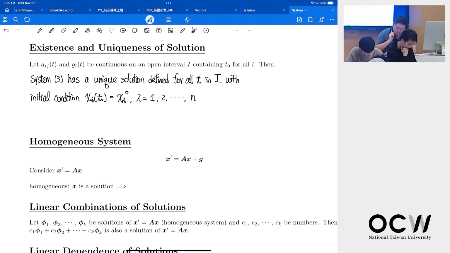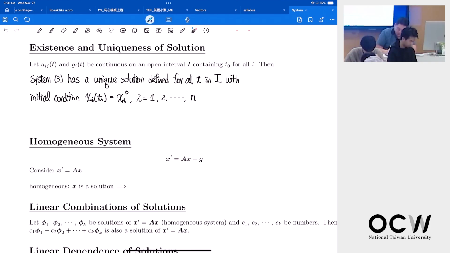Now for system 3, we try to find a solution. First, we will consider it without the forcing function g, which will be a homogeneous system. Remember that in topic 1 and in the beginning of this semester, we also talked about differential equations of homogeneous and non-homogeneous type.